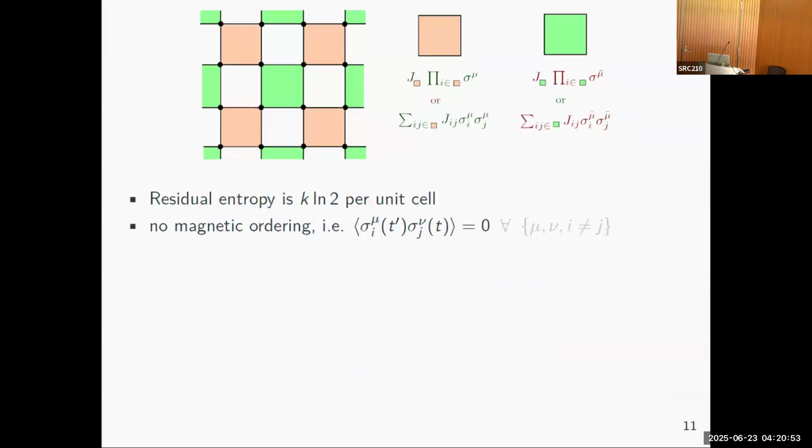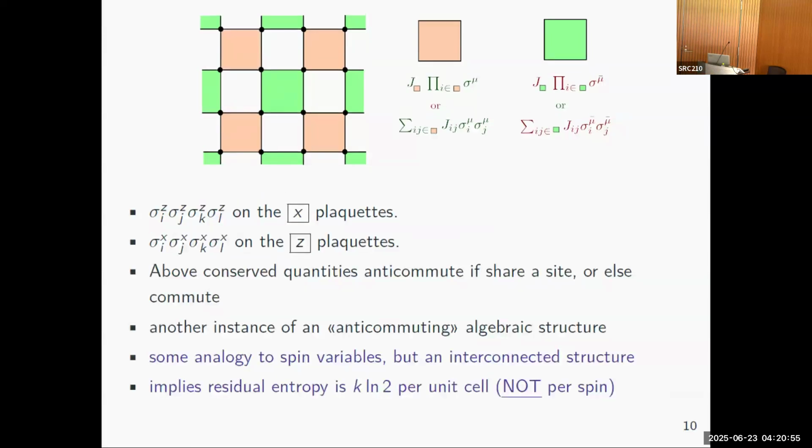So you can see there are some analogies to standard spin-half degrees of freedom. Spin-half degrees of freedom also follow Pauli algebra. On site they anticommute, off site they commute. Here also there is that sense that when they're nearby they anticommute, otherwise they commute.